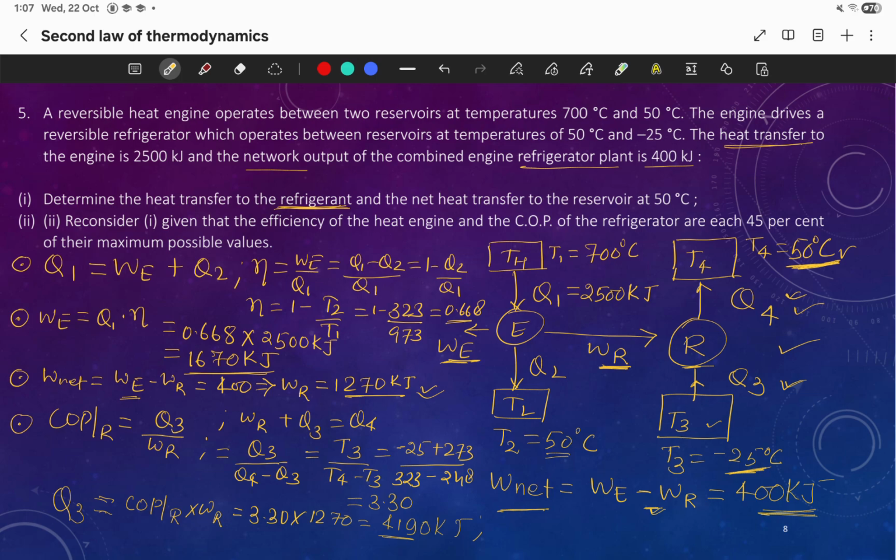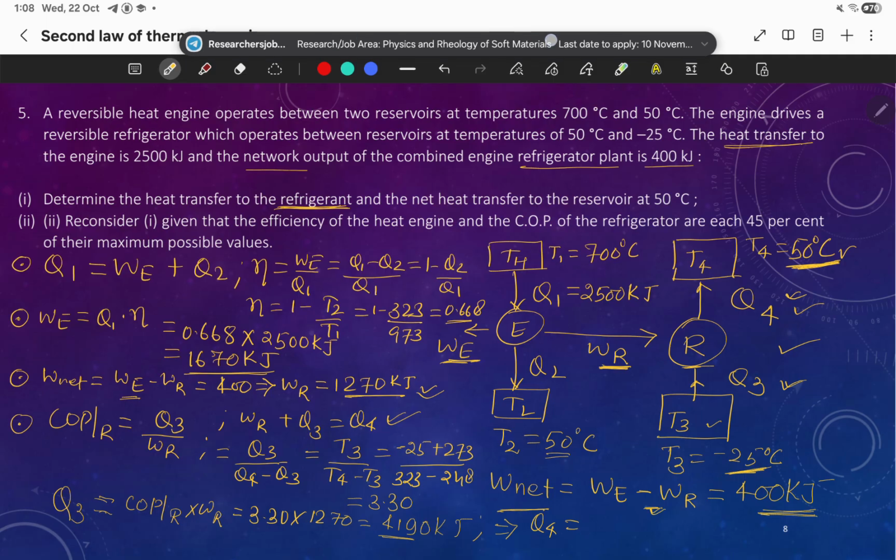Now we have the Q3 value, and now we have to calculate the value of Q4. So can we get the Q4 value from this relation? To do this calculation, Q4 will be WR plus Q3.